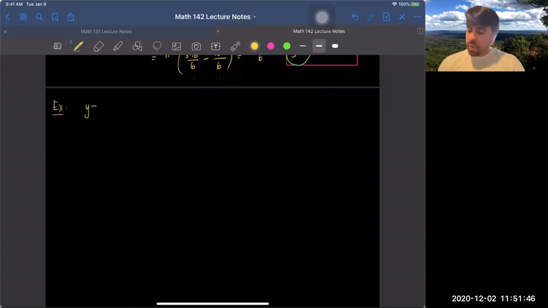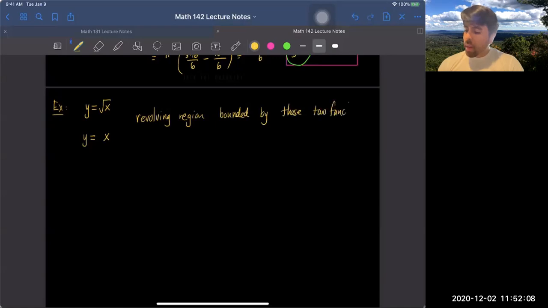What if I take y equals square root of x and y equals x, and revolve the region bounded by these two functions about the line y equals 1?